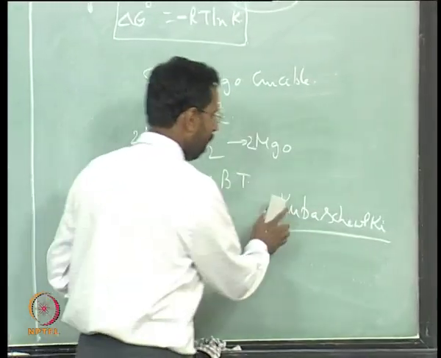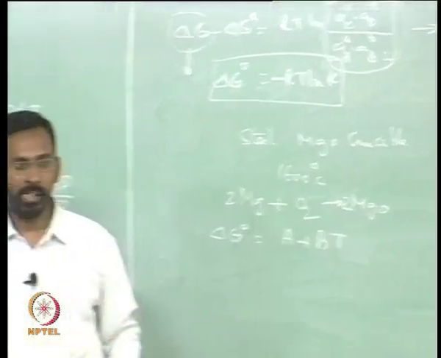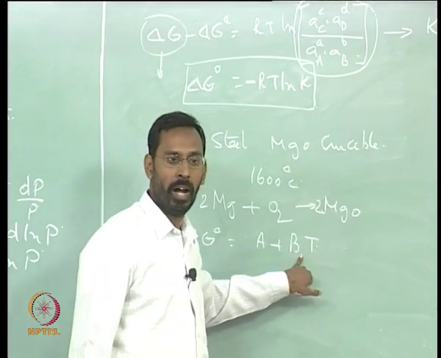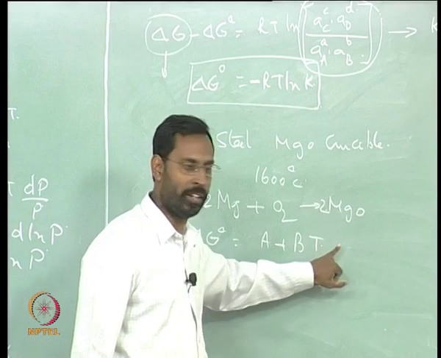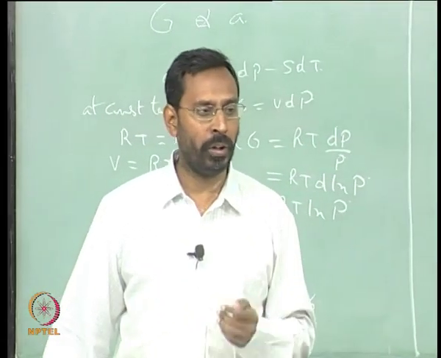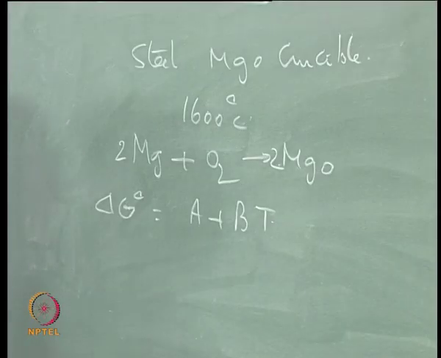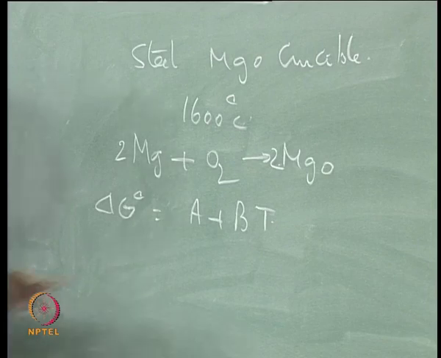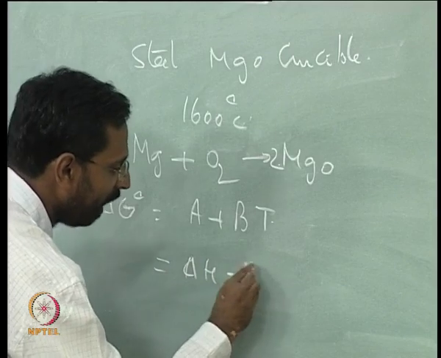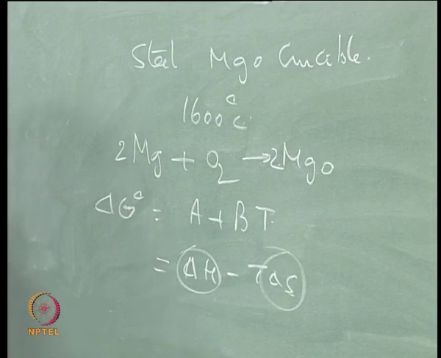Once I know this... A itself is a function of temperature, you mean? No, A and B are constants. If they were functions of temperature, then obviously this function becomes more complicated. A and B are usually fixed. In principle, if you go a little more detailed, since these two are nothing but delta H minus T into delta S, they are also functions of temperature.